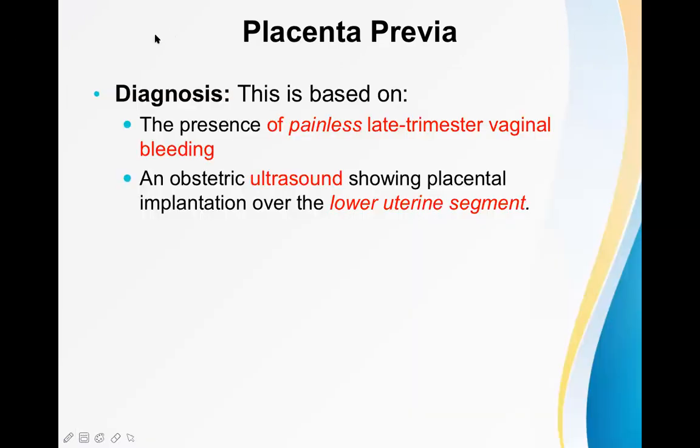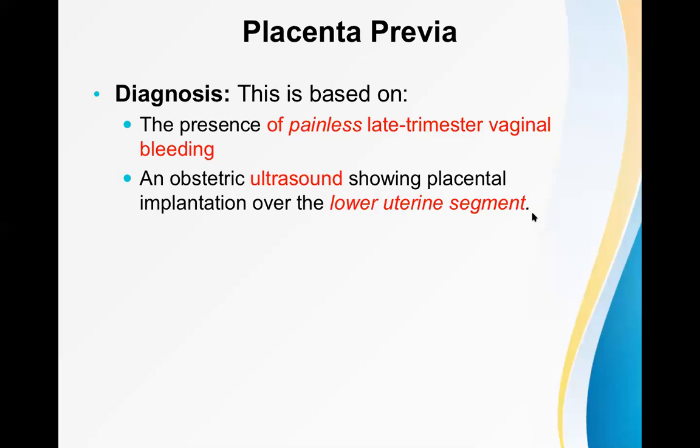Now let's move on. Now how to make a diagnosis of placenta previa? One point is in the history: there is the presence of painless late trimester vaginal bleeding. Sometimes the bleeding is minimal, sometimes it may be massive, which is confirmed by obstetric ultrasound, and that ultrasound should show the implantation or attachment of the placenta in the lower uterine segment.